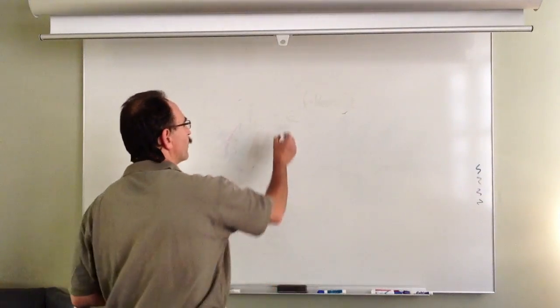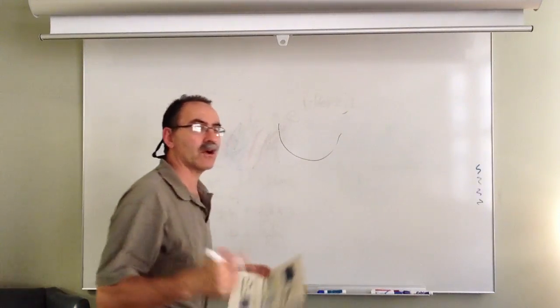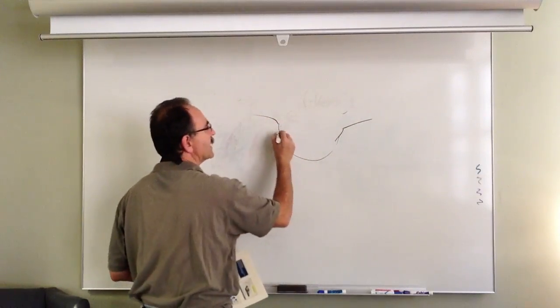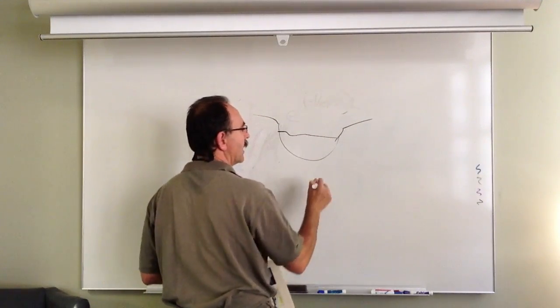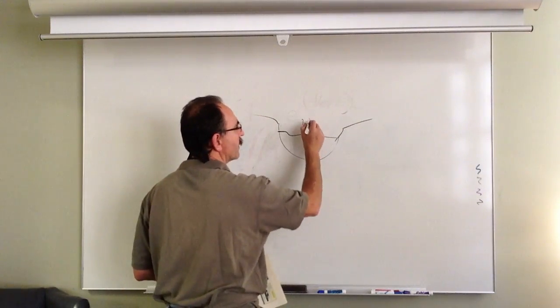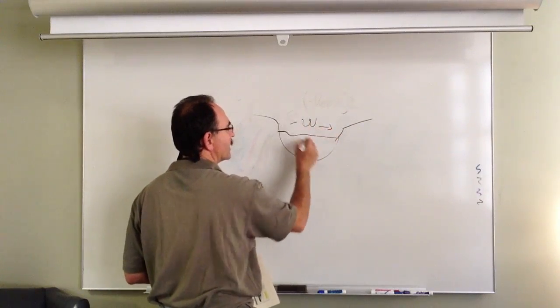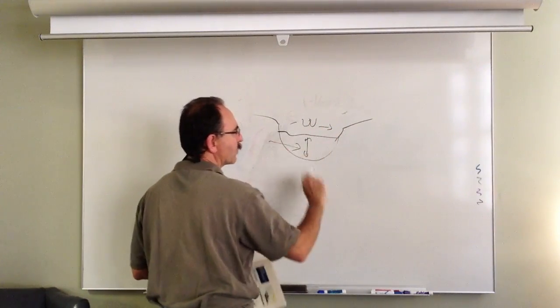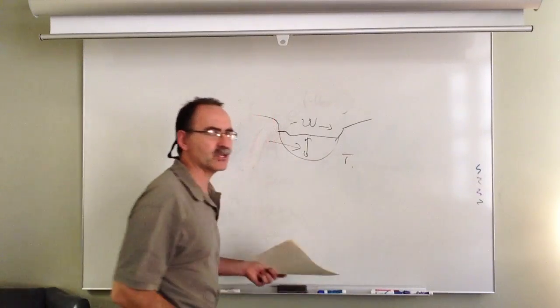in terms of rivers, you've basically got the bed that contains the river, the flow. You've got width, you've got depth, you've got velocity, and then of course the fourth dimension is time.